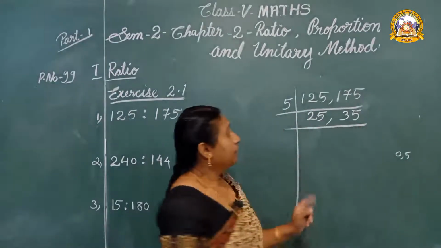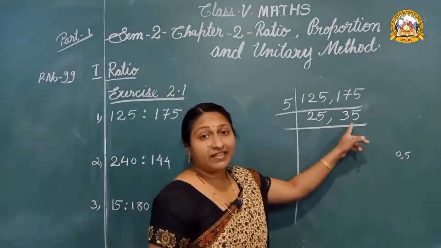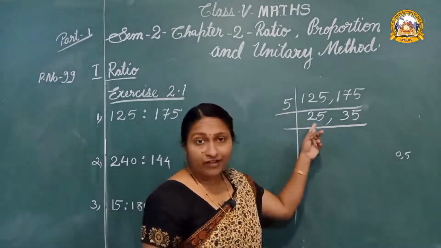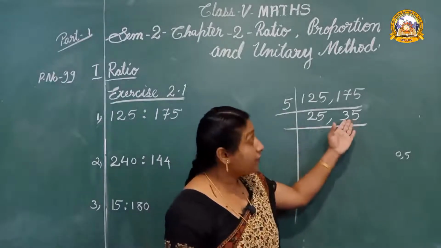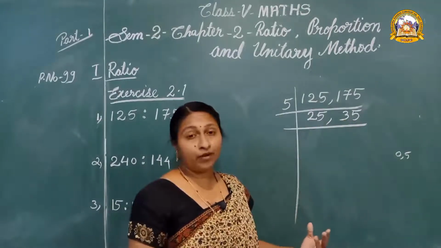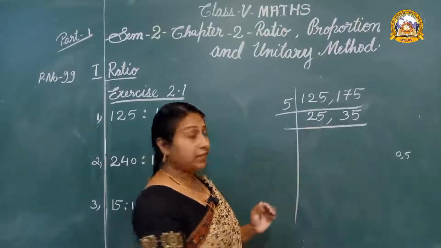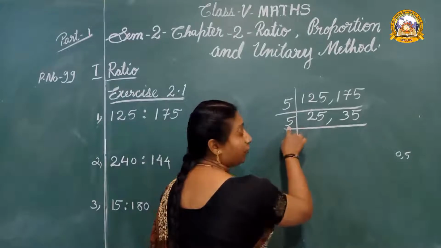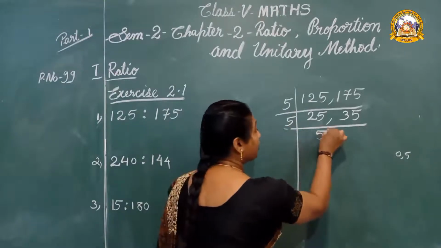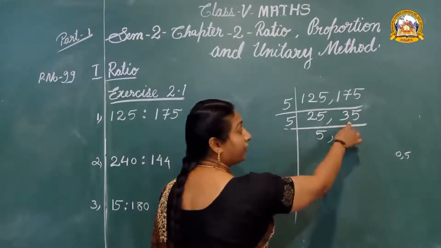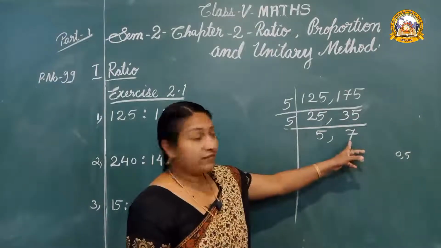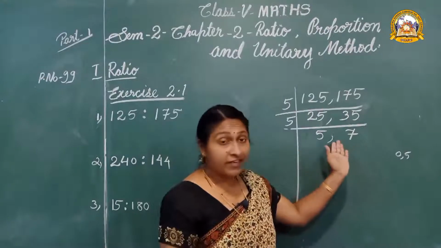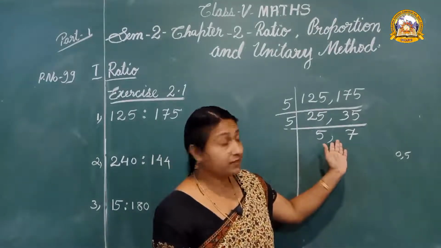Again, here we can see a common factor, 5. 25 is a multiple of 5 and 35 is a multiple of 5. So let us divide them by 5 again. In 25, how many 5s are there? 5 5s are 25, and in 35, 5 7s are 35. Can we divide them by a common factor?